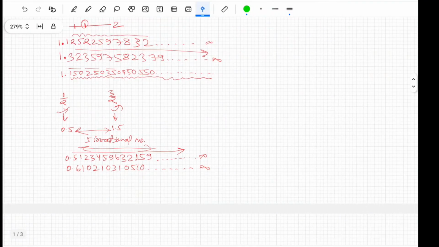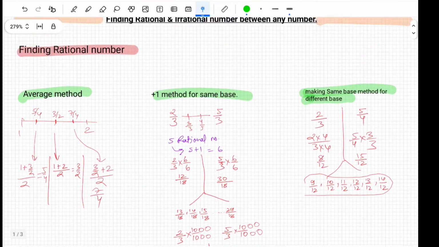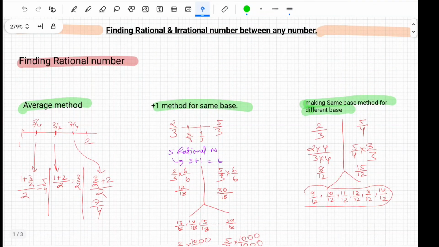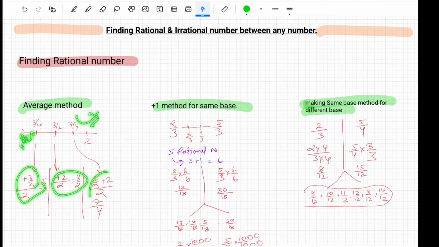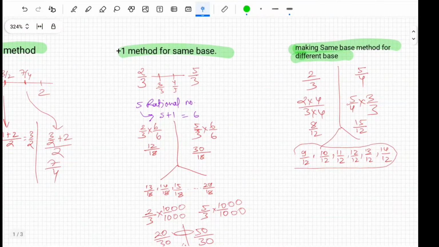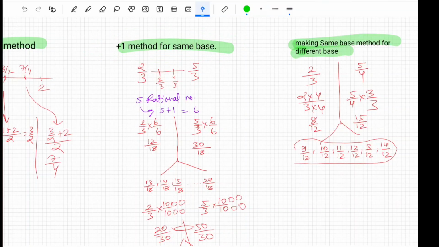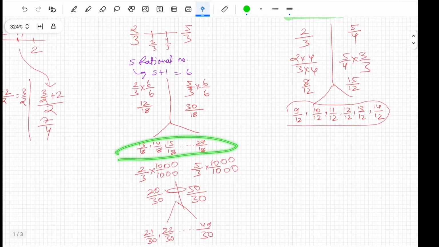And here we came to the conclusion that we can find a rational number by averaging two numbers and keep on averaging between numbers, and we will get one rational number for that. But this method is quite tedious for a larger set of numbers, so we will do the +1 method if the base is the same, and you will get numbers.